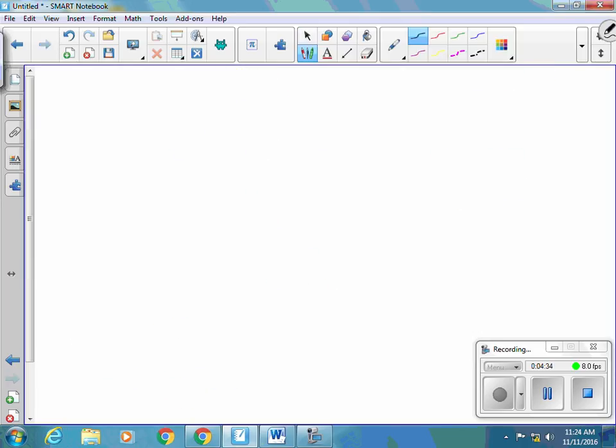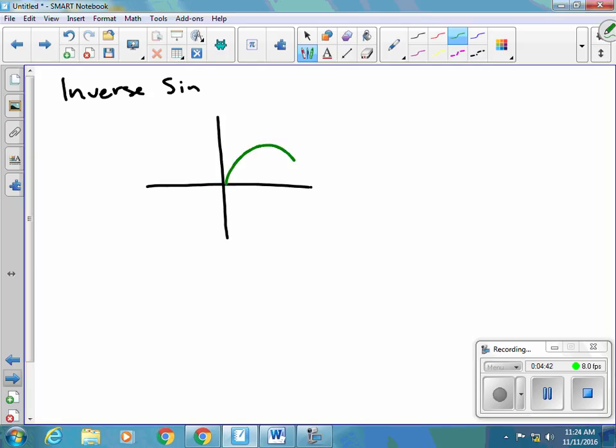Now, the inverse of sine, same type of thing happens. With my original, this is my sine function, and this now just gets flip-flopped and rotated.